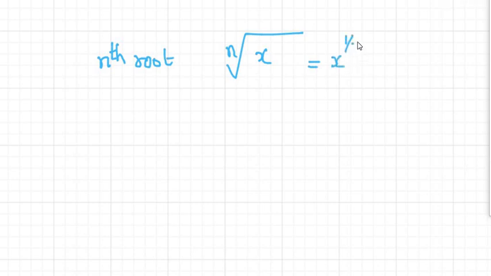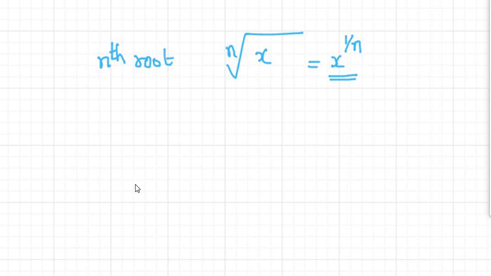So in general, nth root means what? This is known as the nth root of x. So the nth root of x means x to the power 1 by n. And you all know the even number and the odd number. What is an even number? Any natural number, or you can say any whole number, because it can end with 0 also, that ends with 0, 2, 4, 6, or 8 is an even number.